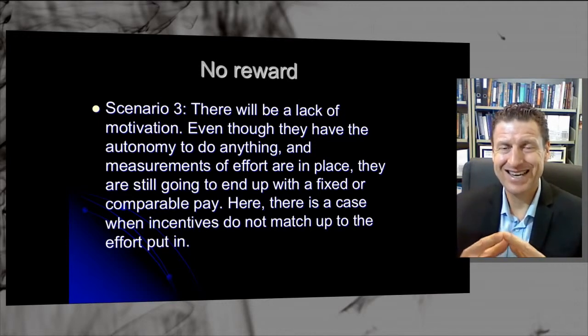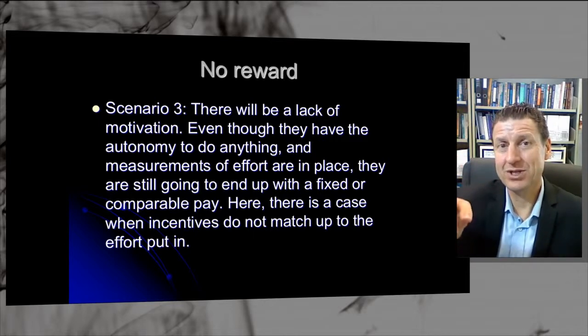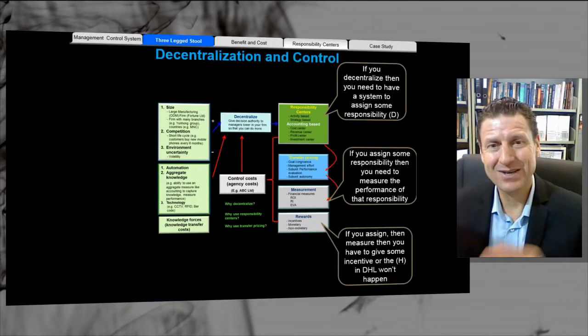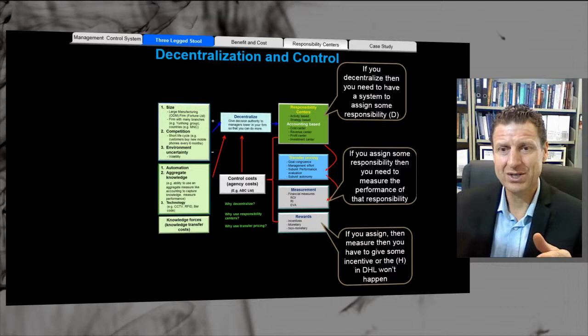Okay, got that? So we need those three legs of the stool to go together. And you should understand, if one of those legs is missing, what the consequences are. All right. So that's the three-legged stool, 1, 2, and 3.